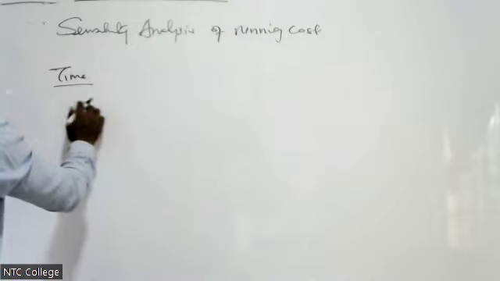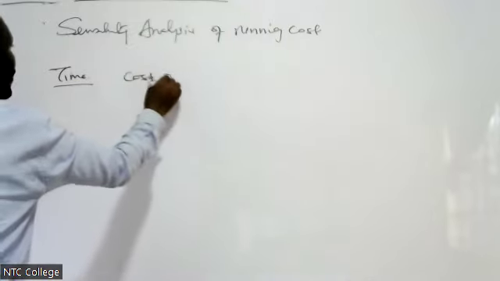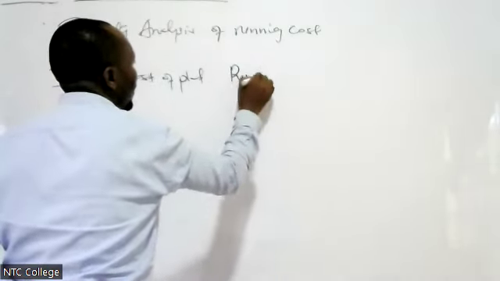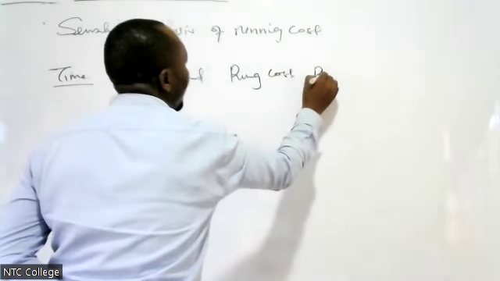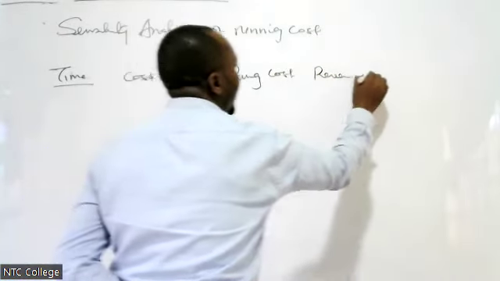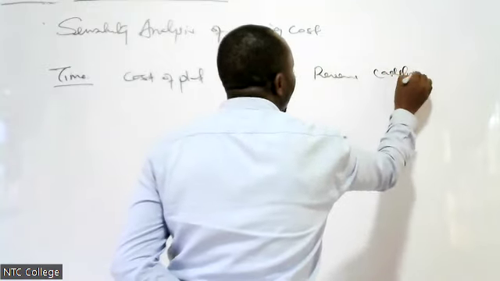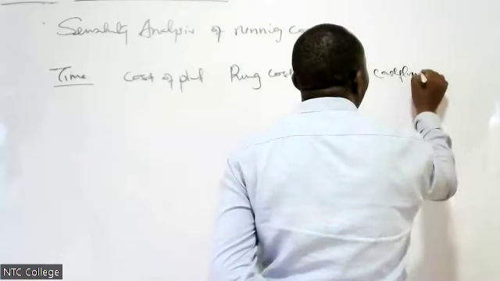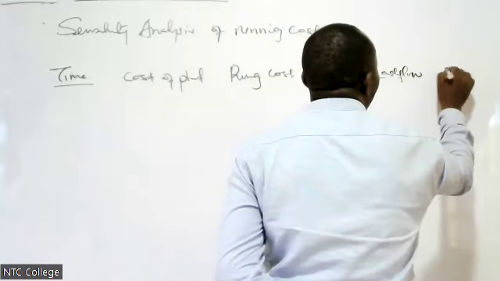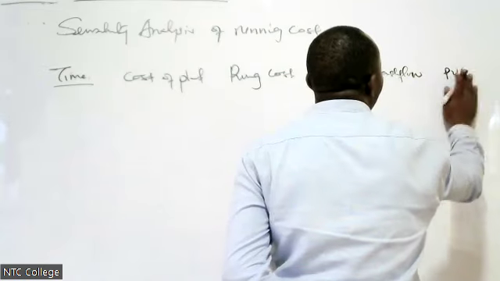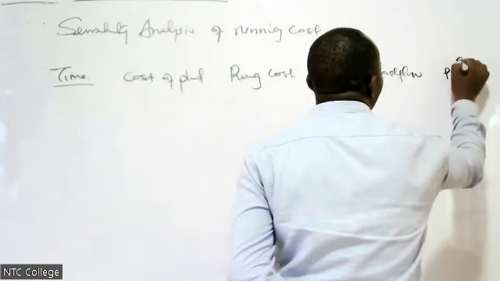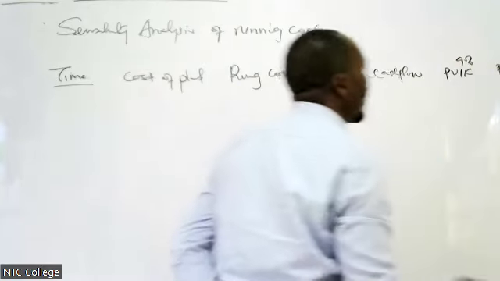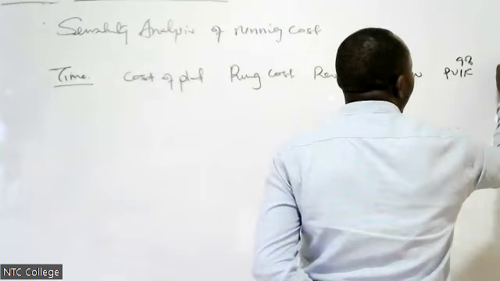So we have here a zero, we have cost of plant, we have running cost, we have revenue, we have cash flow, we have PV at 9%, then we have our PV. So you can calculate our present value.